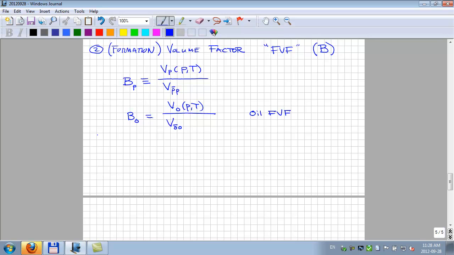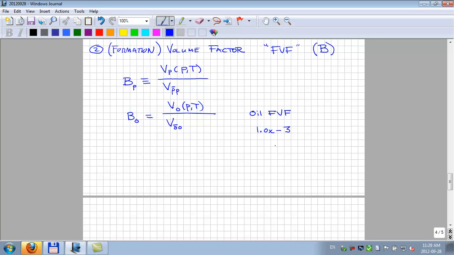It's an important number, and it's typically ranging from 1.0x, which is about as small as it gets, for Venezuelan, Canadian heavy oils, to as much as, very seldom larger than this, around 3.